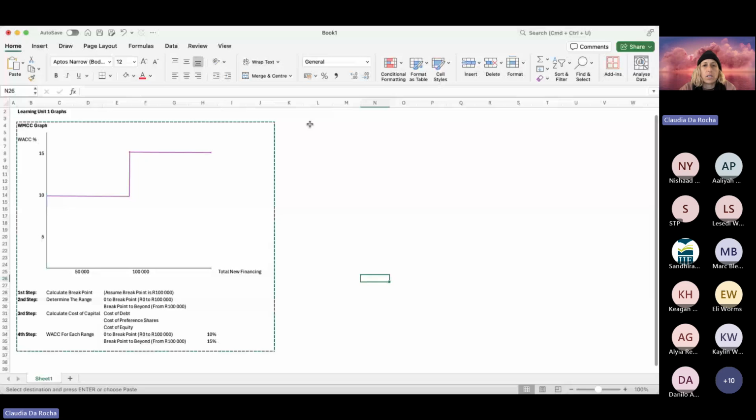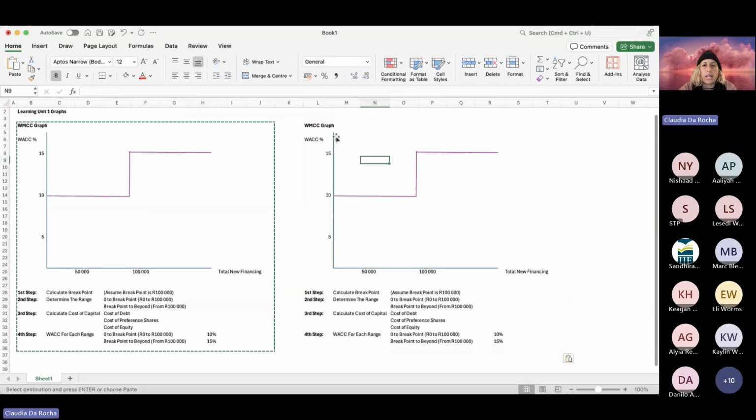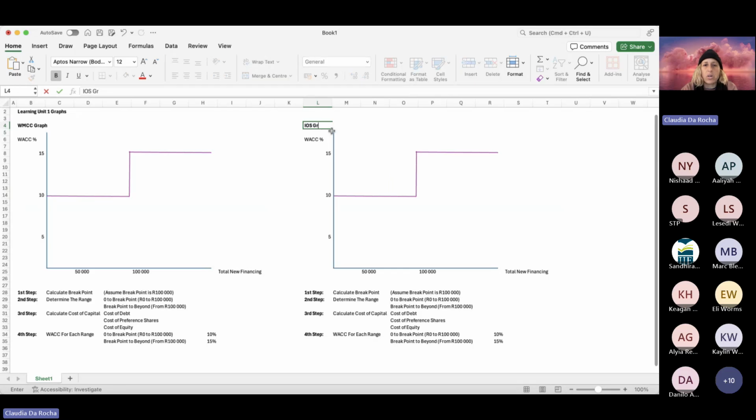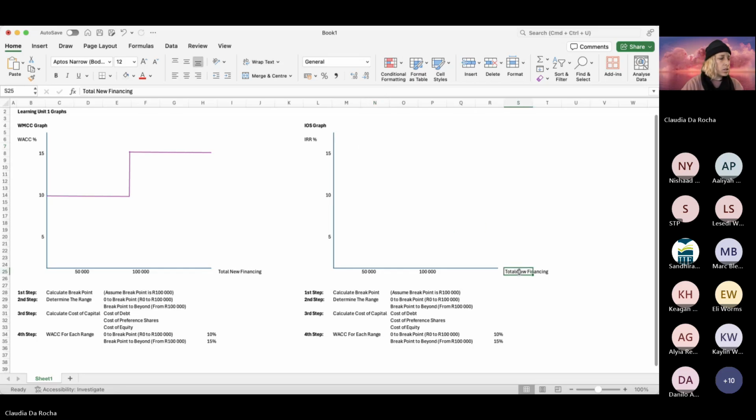Let me just change the sharing screen so you can see only the Excel sheet. Okay, we are going to do the IOS graph, or the investment opportunity schedule. Okay, so with that, we're now dealing with the IRR percentage and your total new investment.